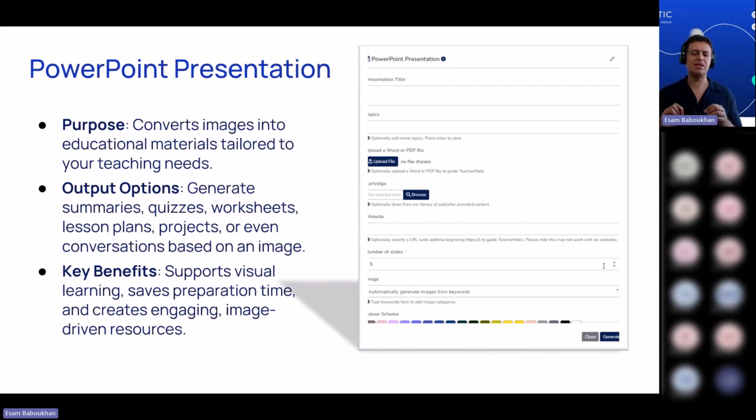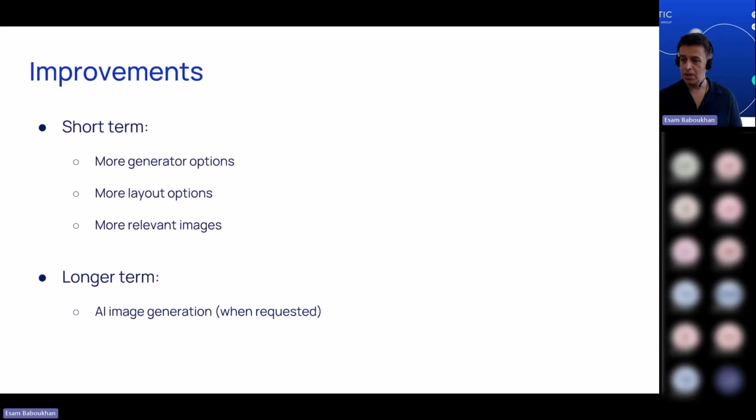And it's the one that solicits, I think, the most feedback. And we are continuously, by the way, improving this generator like all the other generators. And you'll see soon, in the very short term, you'll have more generator options, more layout options, and more relevant images.